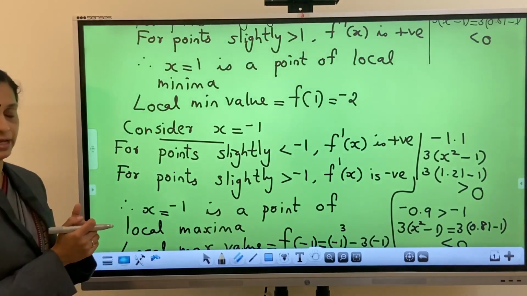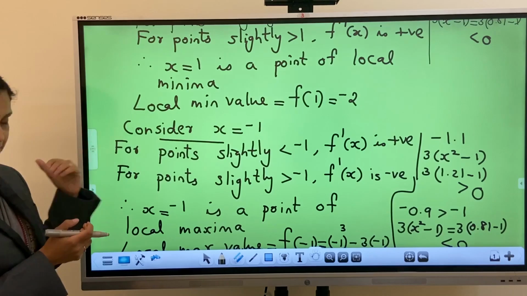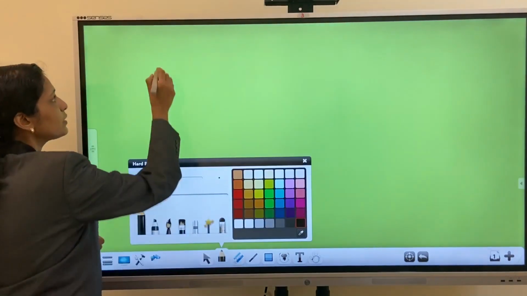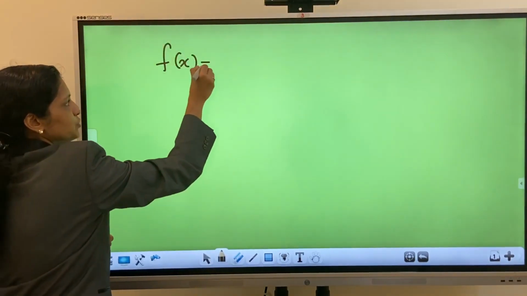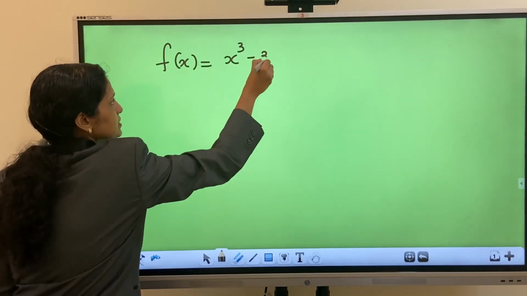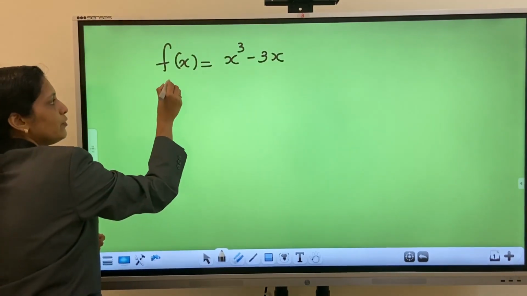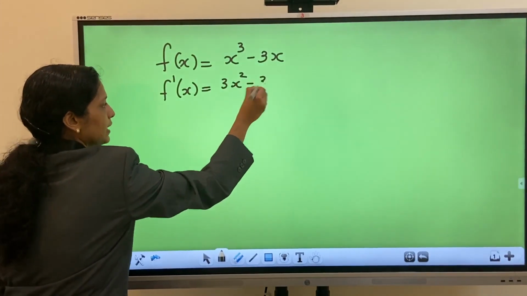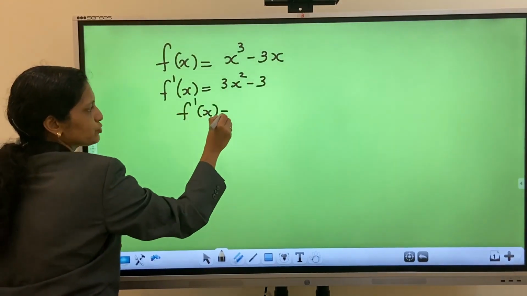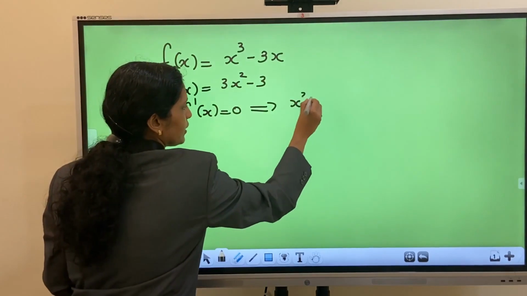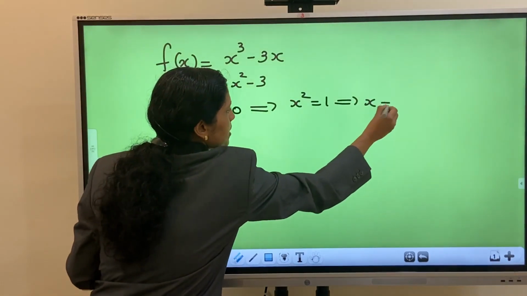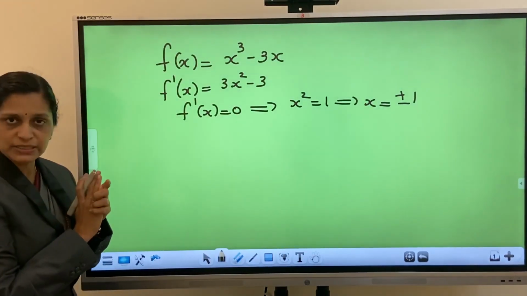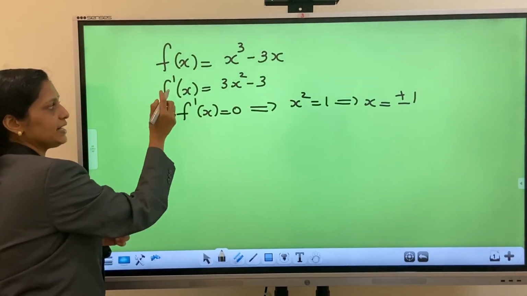And we can verify second derivative test by considering the same problem. Look, f of x is equal to x cube minus 3x. What you have to do is find out f dash x, and it is 3x square minus 3. Put f dash x is equal to 0, then you will get x square as 1, x as plus or minus 1. Therefore, we need to find second derivative.